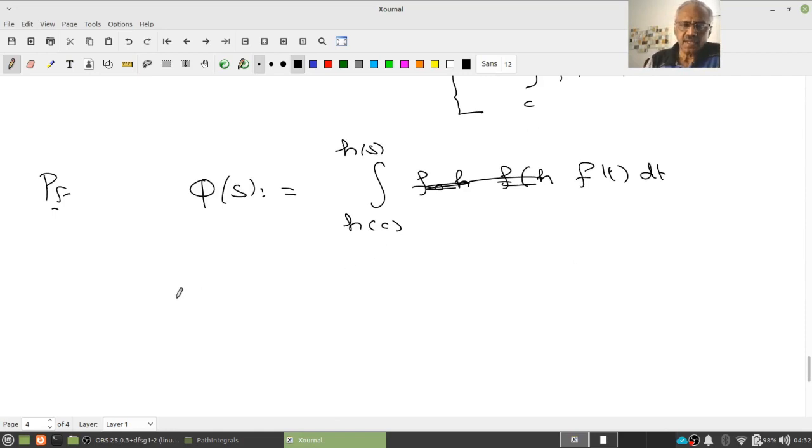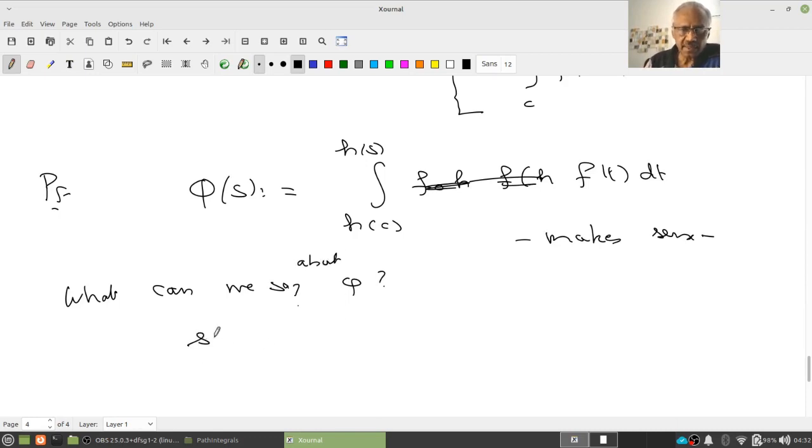Now note, I want to look at what kind of a function phi is.